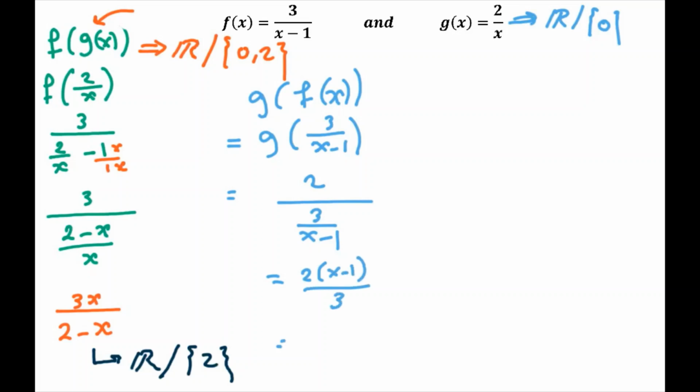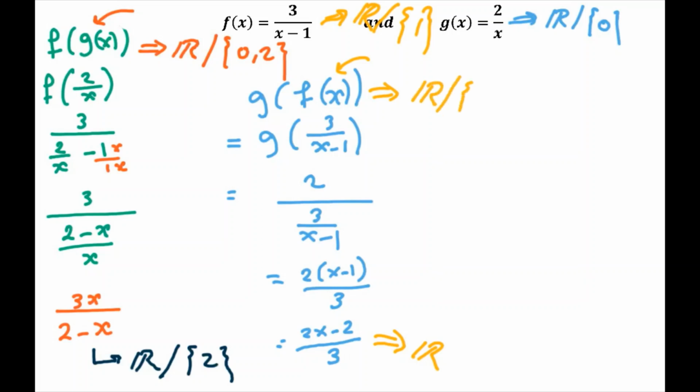That's basically 2 over x minus 1. Now, one more time, the domain here is going to be all real numbers. But what about the domain of the input function f(x)? Well, the domain of f(x) was all real numbers but not 1. Right? So now we can say that the domain of the composite function is all real numbers but not 1.